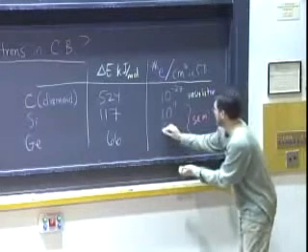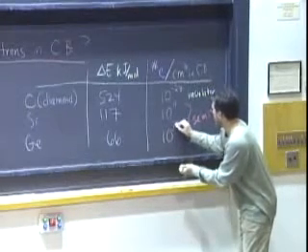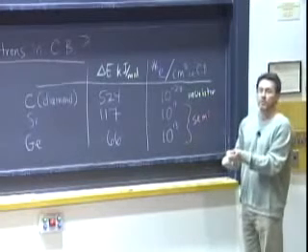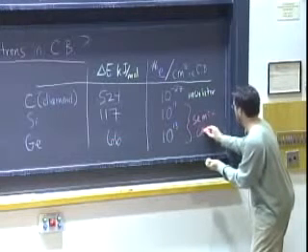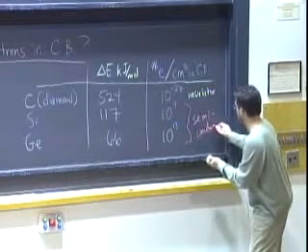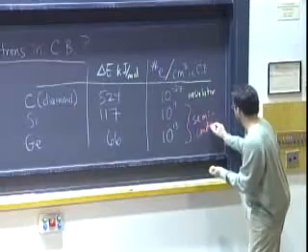And then germanium, 10 to the 13th. So even more, it's getting closer and closer to being metallic as the gap shrinks as we compare these materials.